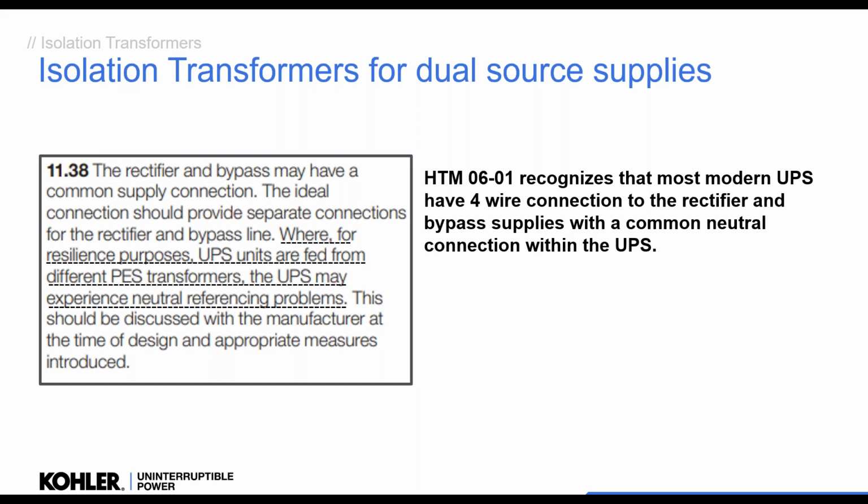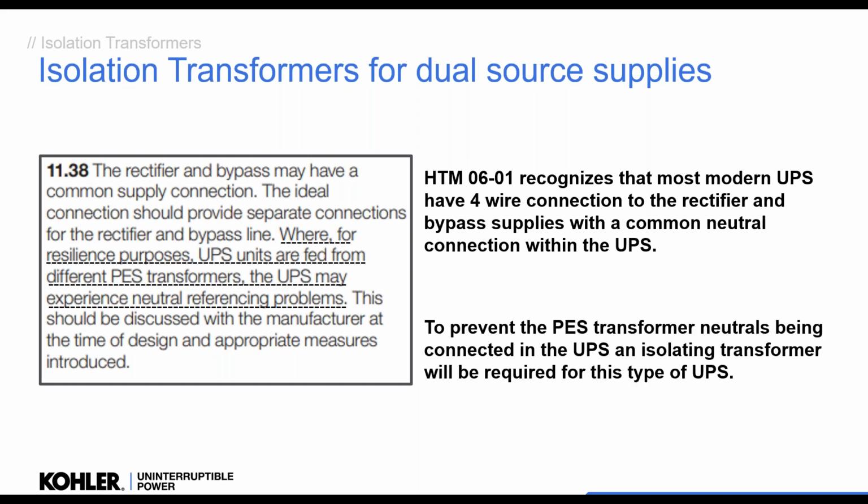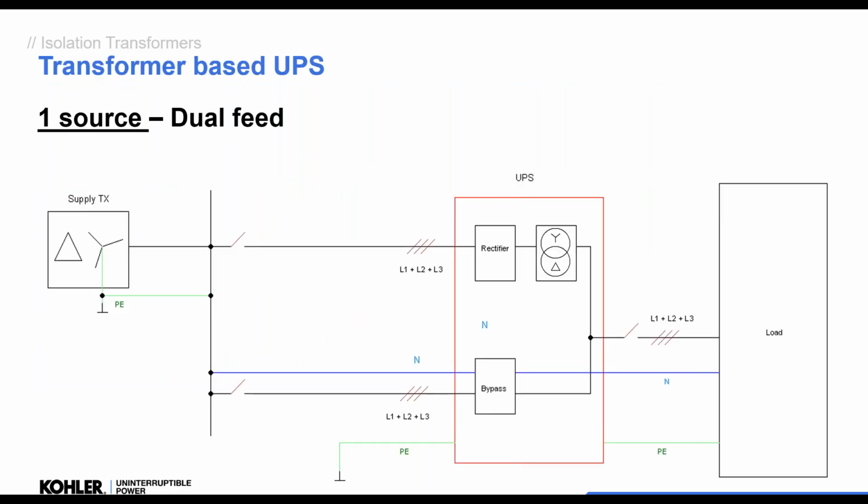And this means there's a common neutral connection in the UPS. Okay, so to prevent this, we may need an isolation transformer between the 2 sources with this type of UPS. So what that means, we look at the difference between transformer-based and transformerless UPSs.